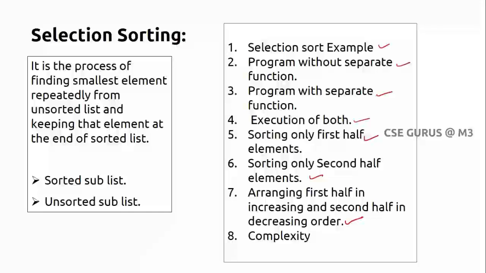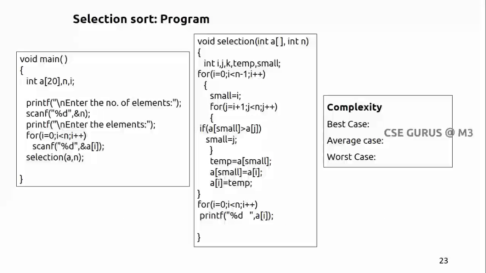So what is the complexity here? Coming to the complexity part, in selection sort, even if you give any type of order of the elements, even increasing or decreasing, this process has to be completed, right?